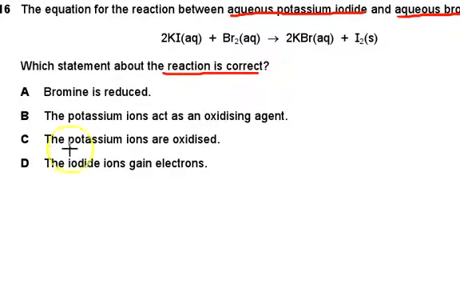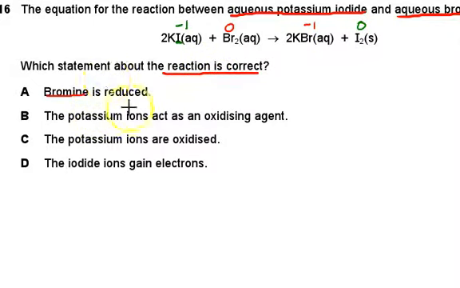So the bromine is being reduced. Here we have the oxidation number for bromine as 0, and here it will be -1. Yes, you can say that is correct. And for iodine, here will be -1, and here is 0. So iodine is being oxidized.